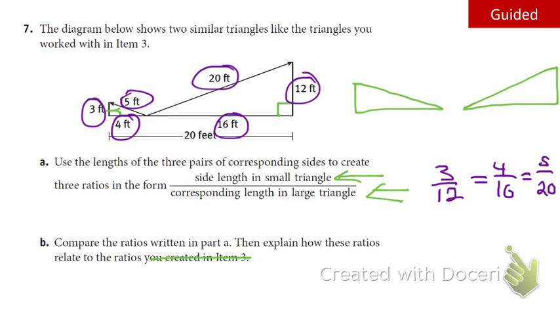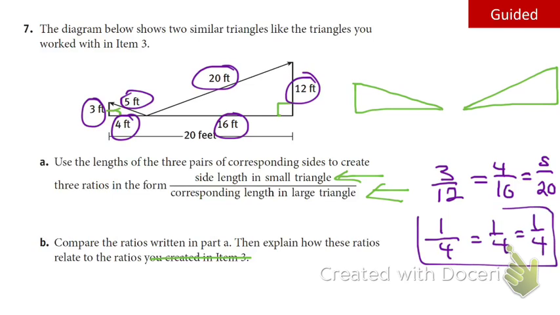So let's go ahead and see if we can reduce these down. Obviously, the first one, 3 over 12 is 1 over 4. 4 over 16 is 1 over 4. And 5 over 20 is 1 over 4. So the sides are proportional. The corresponding sides are proportional. Therefore, these triangles are similar. Okay? And if they were labeled with letters, we could write a similarity statement. Okay? Let's move on.